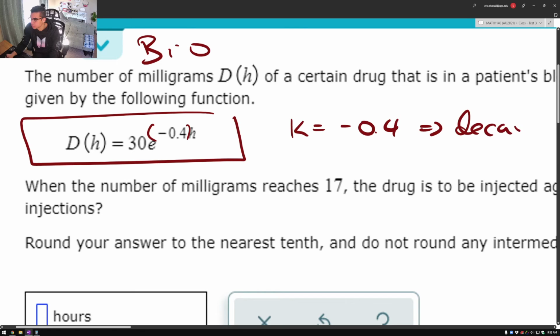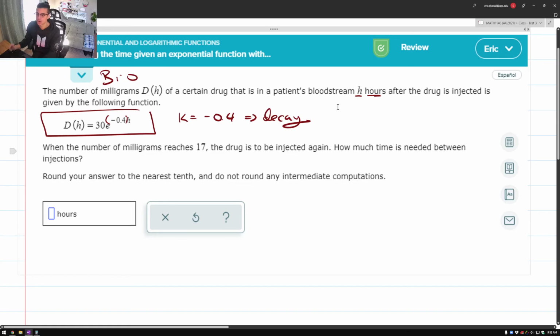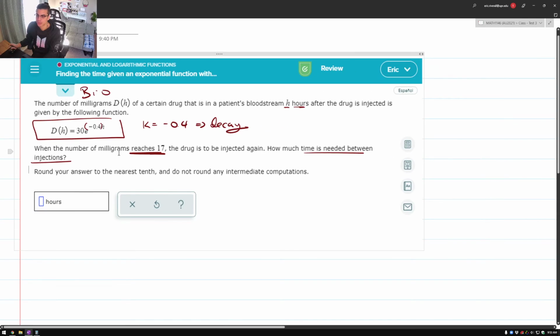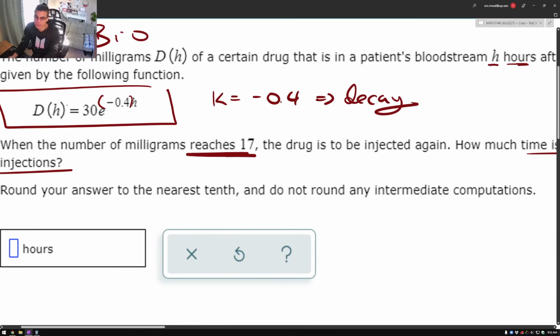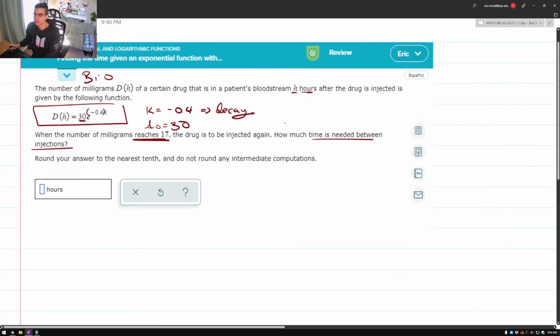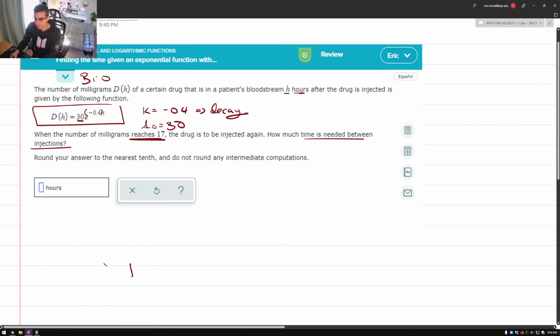When the number of milligrams reaches 17, the drug is to be injected again. How much time is needed between injections? From the formula here, we are seeing that the initial amount is 30 milligrams.